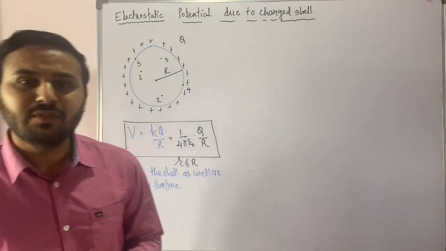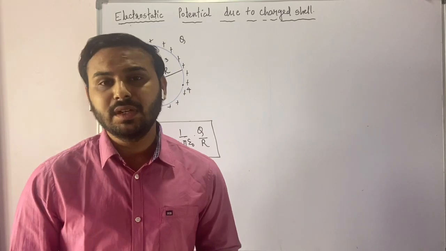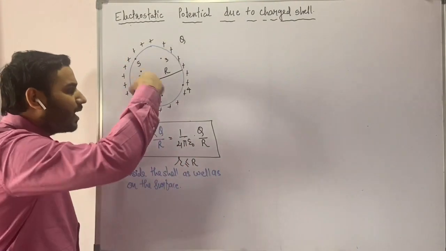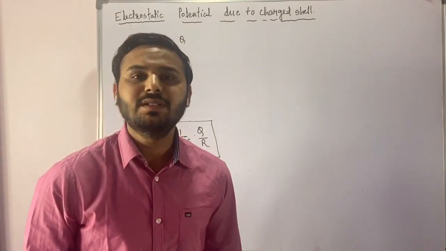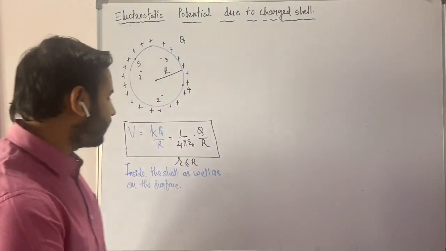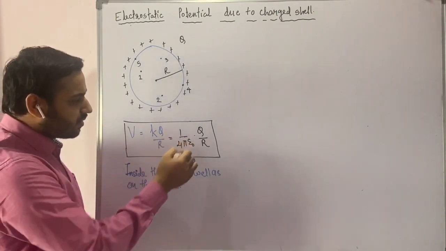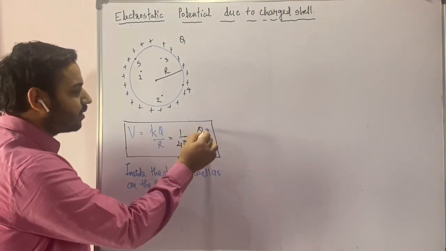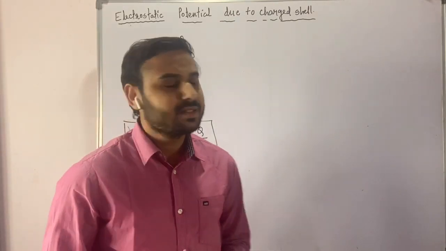I have indicated 5 different positions where I need to find electrostatic potential due to the charge equally distributed over the surface of the shell. That is equal to this: V is equal to KQ upon R, or 1 upon 4 pi epsilon naught Q upon R, inside as well as on the surface.